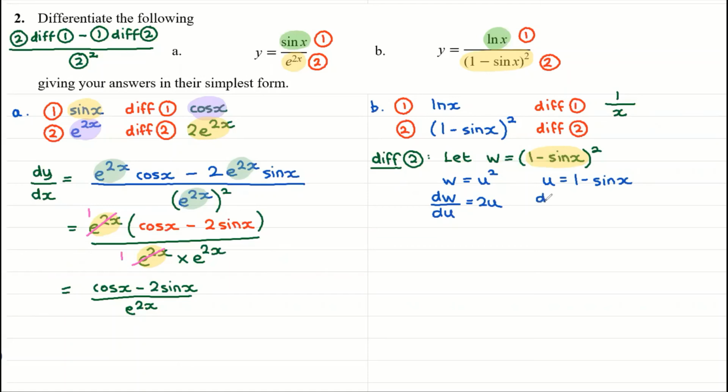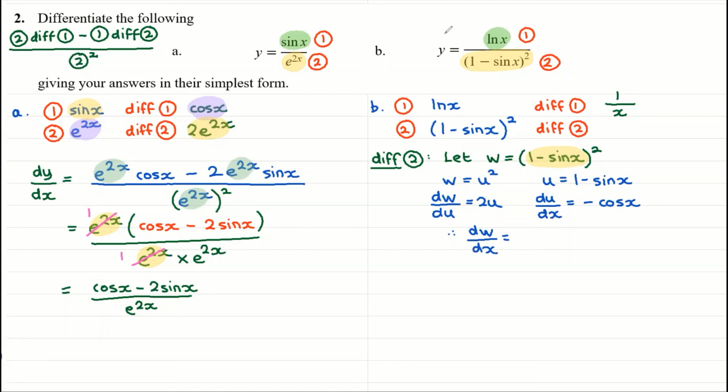and du by dx, we can apply a standard result again. Now, just be careful of the negative sine x. Okay, so if you differentiate sine, of course, you get cosine. So this is going to be negative cosine of x. And putting that all together, so therefore, dw by dx is going to equal the two derivatives just multiplied together.